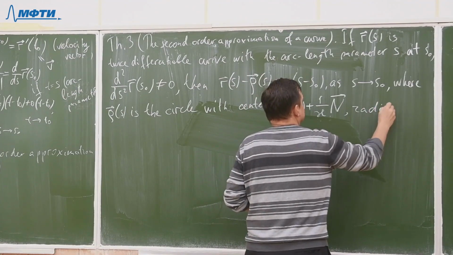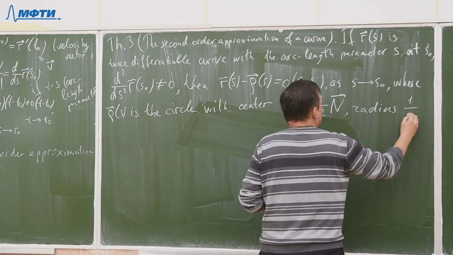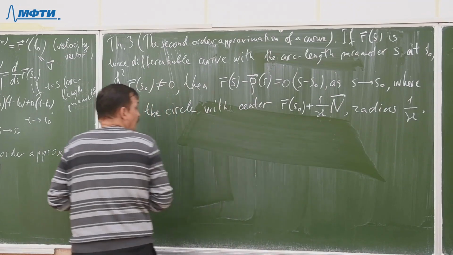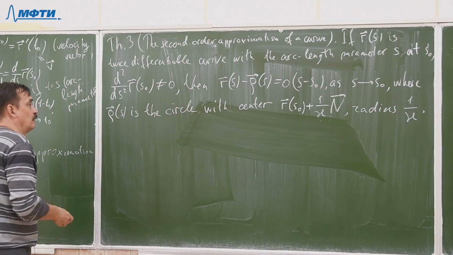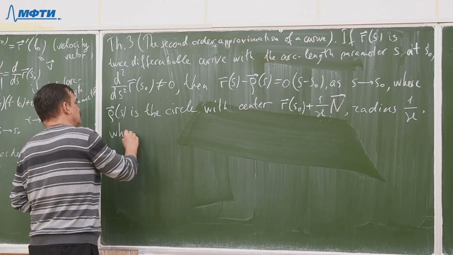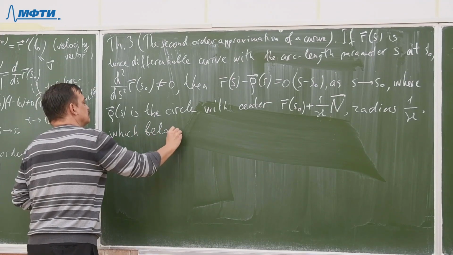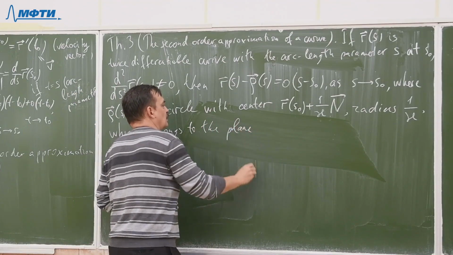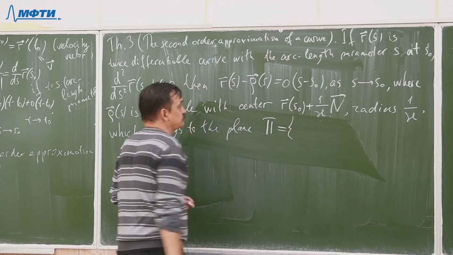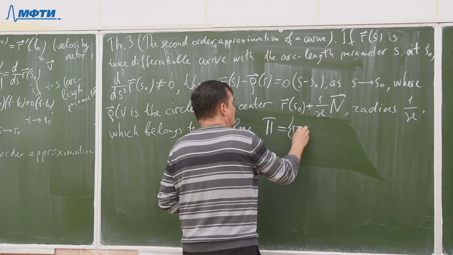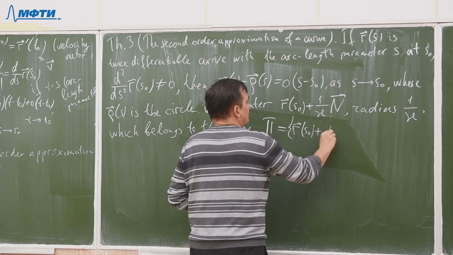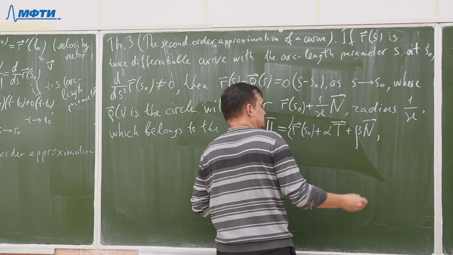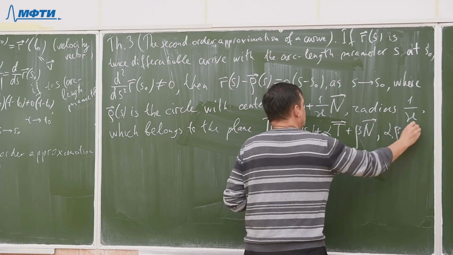radius 1 over same kappa, which belongs to the plane phi, that is r over s naught plus alpha t plus beta n, alpha beta are real.